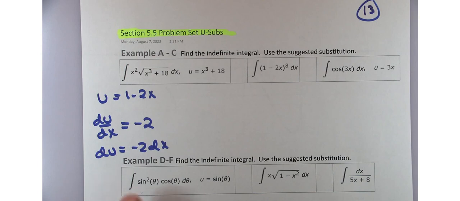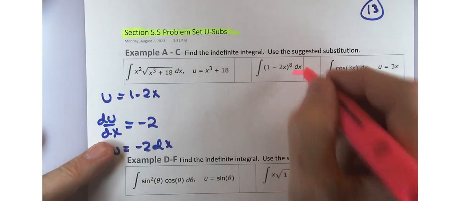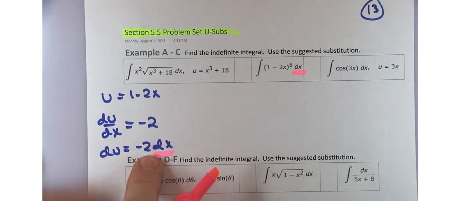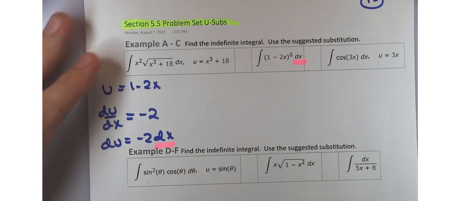Except when I look up here, all I've got in my integrand is a dx. I don't have the negative 2. So what can I do about that negative 2? Well, let's move it to the other side. Now, other than dividing by negative 2, what can I do to move it to the other side?